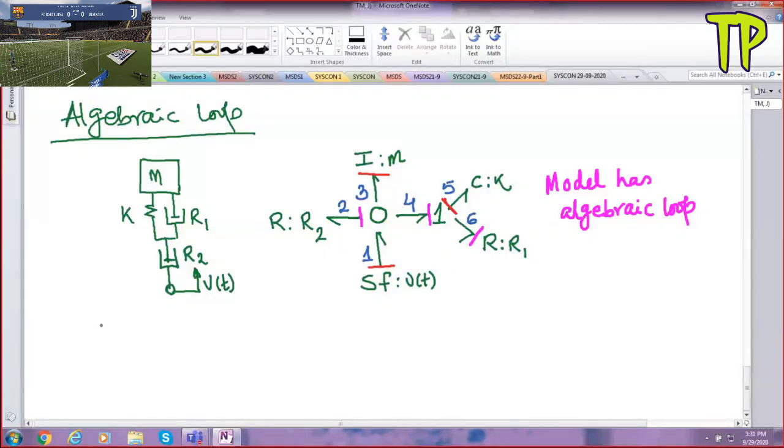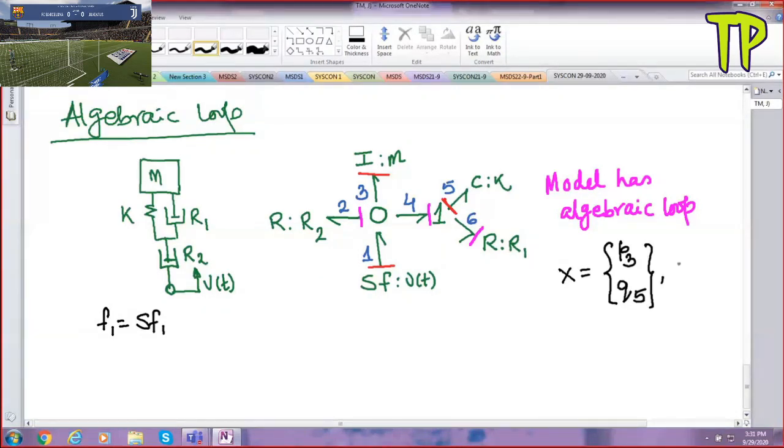So we write F1 is equal to SF1, not many equations. Then as per causality, our states we know: E3, Q5. These two are states.